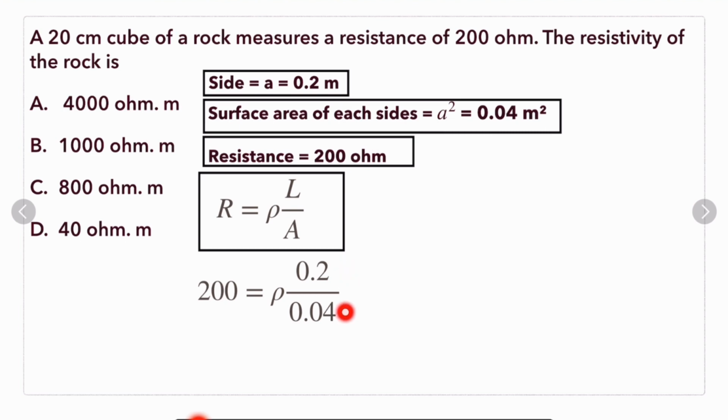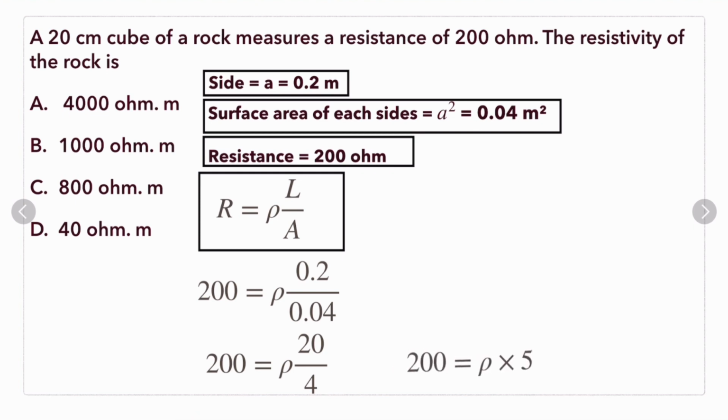If we multiply by 100, we get 200 equals rho into 20 divided by 4. If we solve this, we get rho into 5 equals 200. In the next step, if we divide, we get rho equals 40, and the unit will be ohm meter.